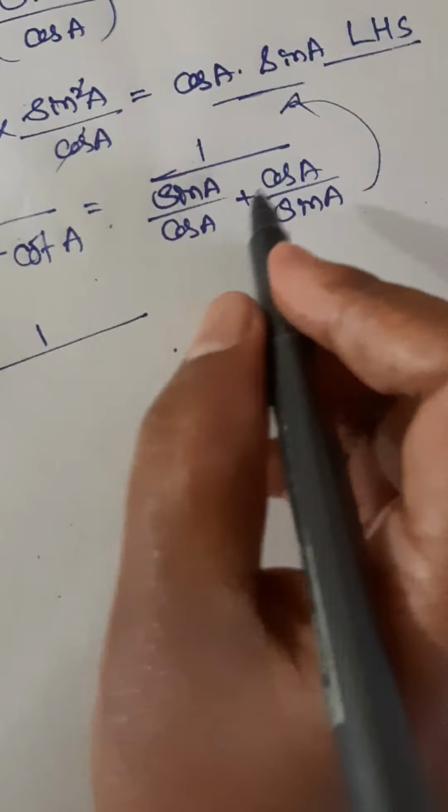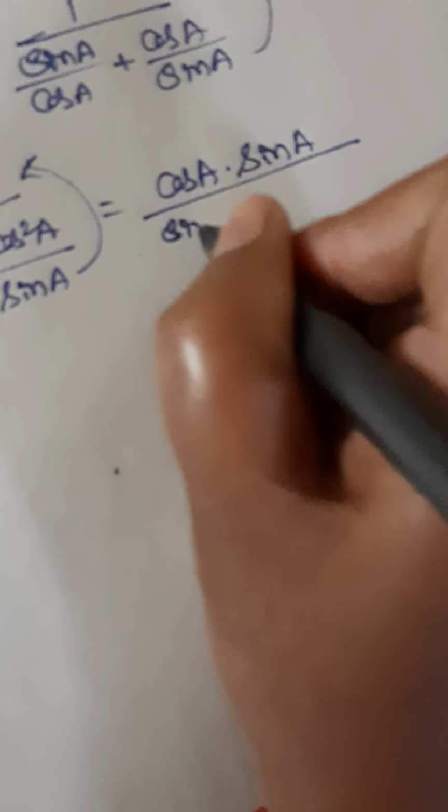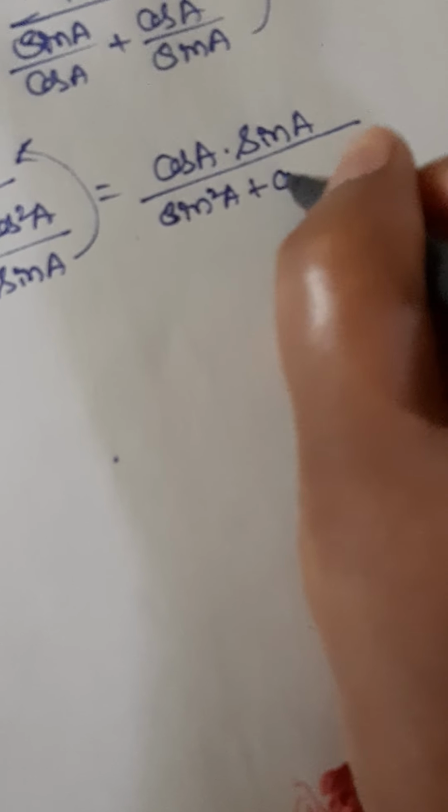First take the LCM of both terms in the denominator, so this is sin square A plus cos square A divided by cos A into sin A. Here this will go to the top by taking the reciprocal, the numerator into the denominator. So we will take cos A into sin A divided by sin square A plus cos square A. Here this identity is equal to 1. So it will be left with cos A into sin A.